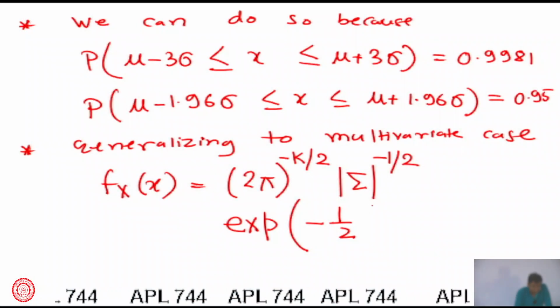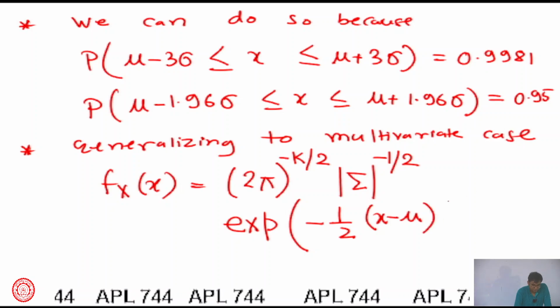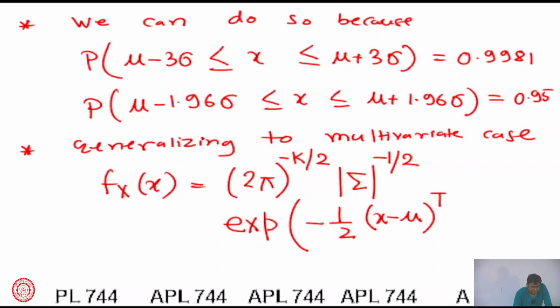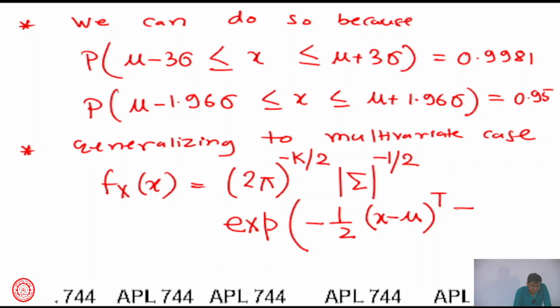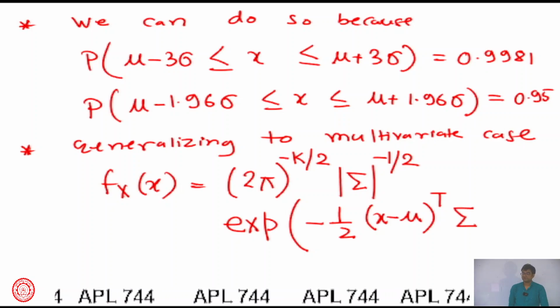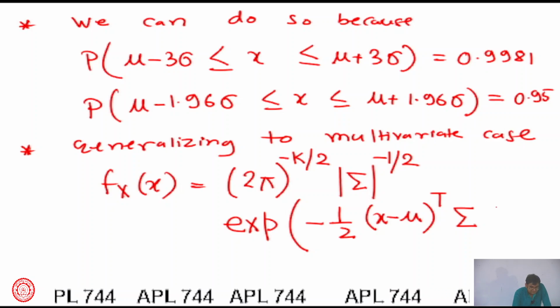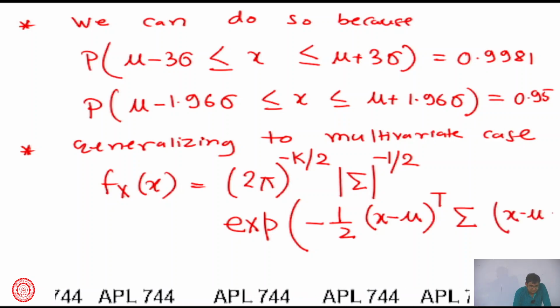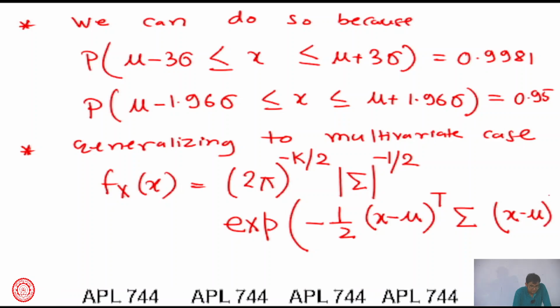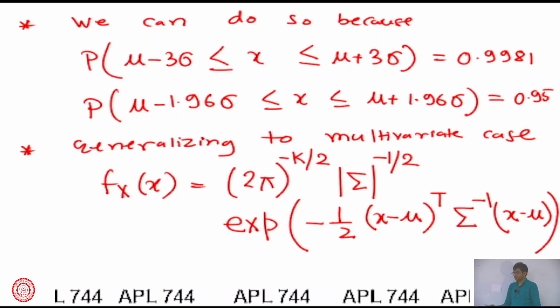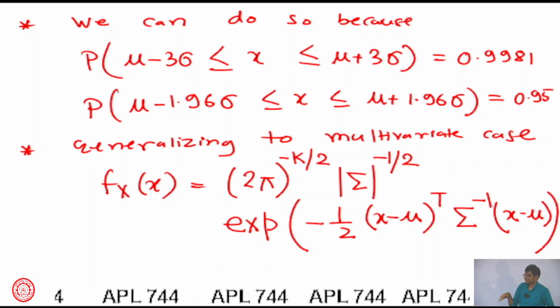So that should come now: x minus mu transpose, and then sigma square becomes sigma inverse, and then x minus mu. Sigma inverse, okay, because it was 1 by x minus mu by sigma square.